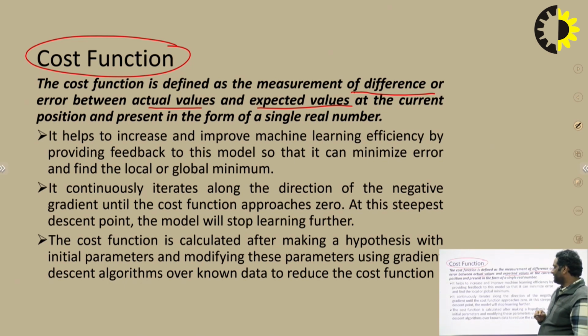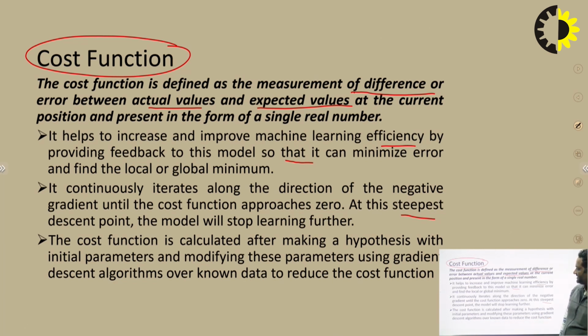It helps to improve machine learning efficiency by providing feedback to the model so that it can minimize error and find the local or global minimum. It continuously iterates along the direction of the negative gradient until the cost function approaches zero. At this steepest descent point, the model will stop learning further.